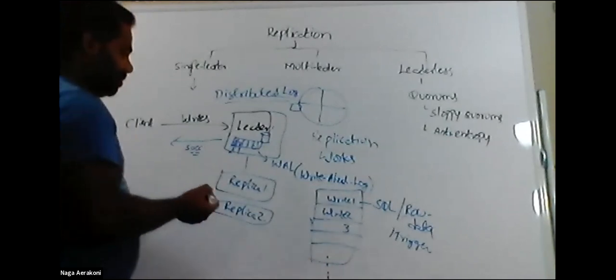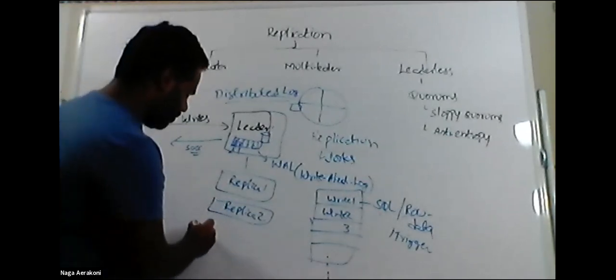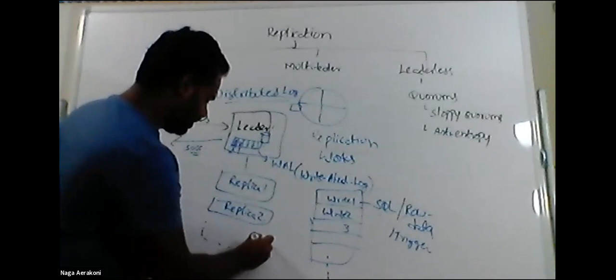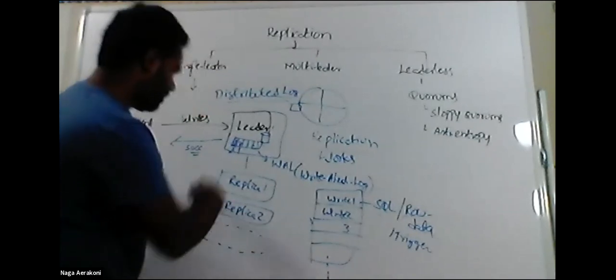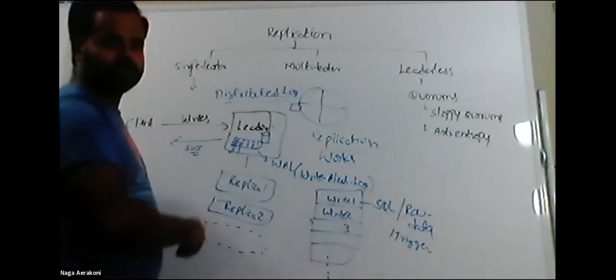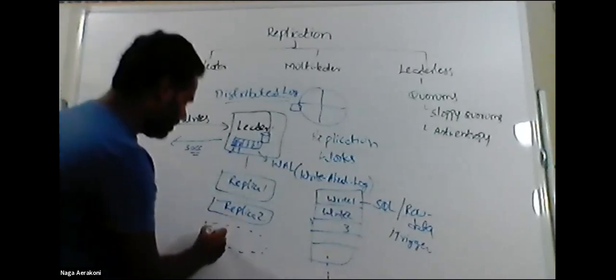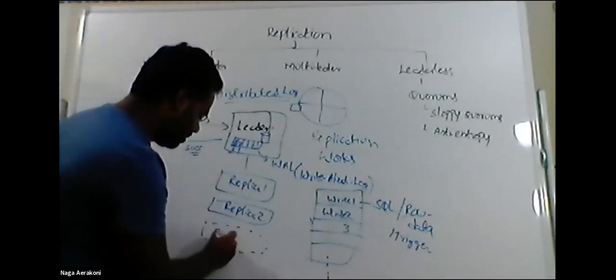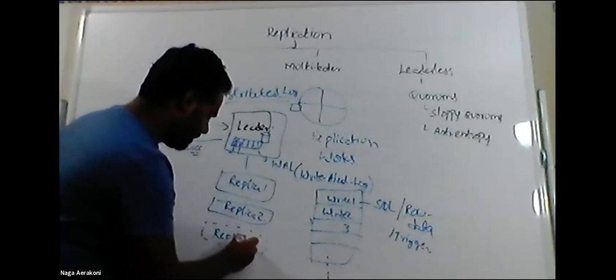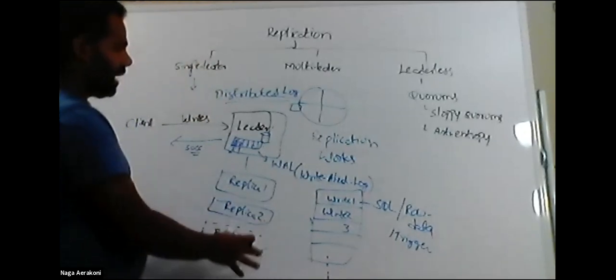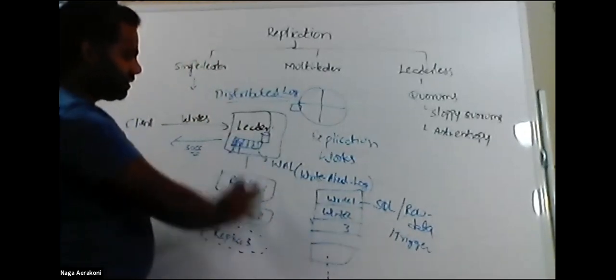So how do we add a new replica without disturbing the existing system? How do we make replica 3 ready and add it to this existing single leader system?